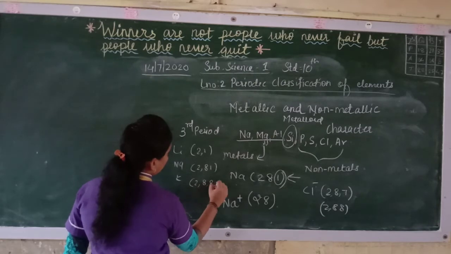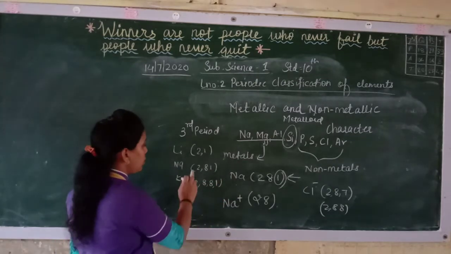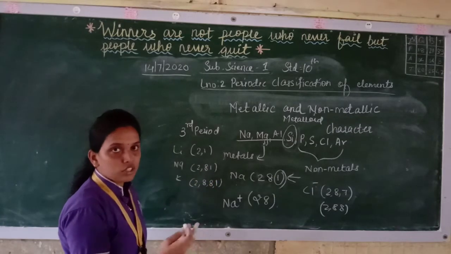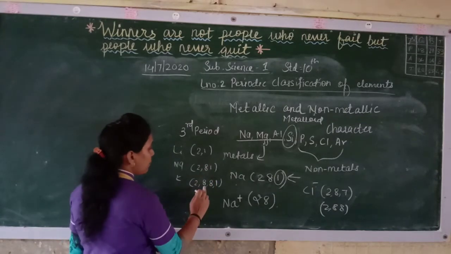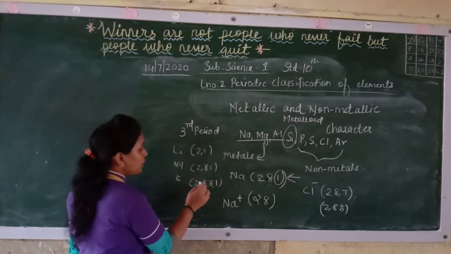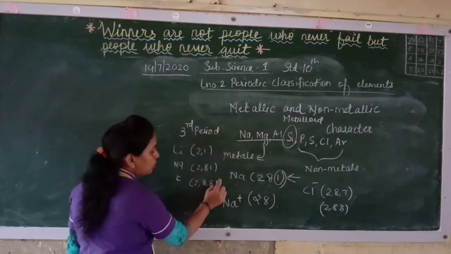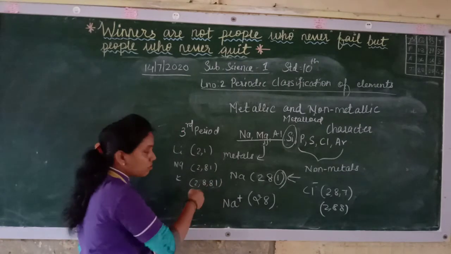now see, down the group, the shells are increasing. So what will happen? Here electrons are increasing in between. So the effective nuclear charge is exerting less force on the valence electron because these electrons are coming in between.